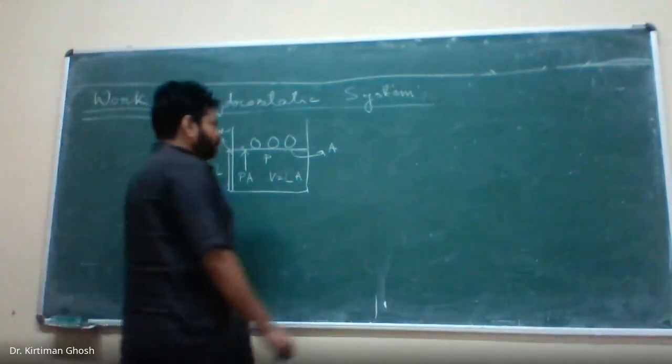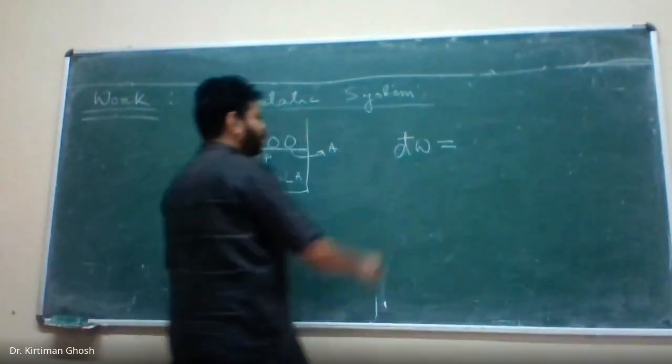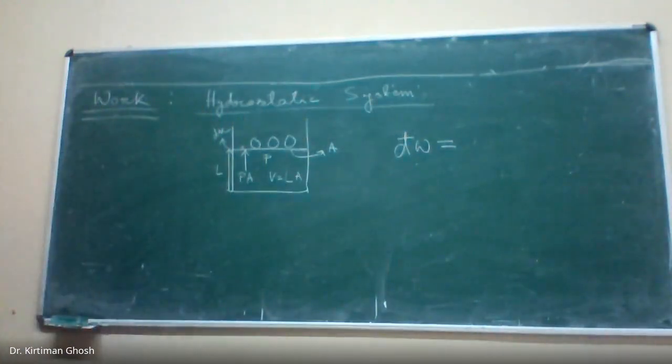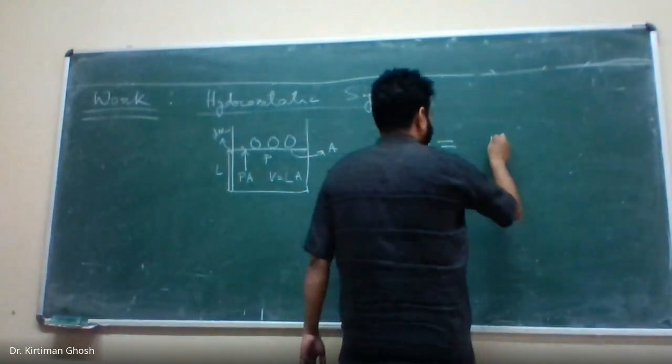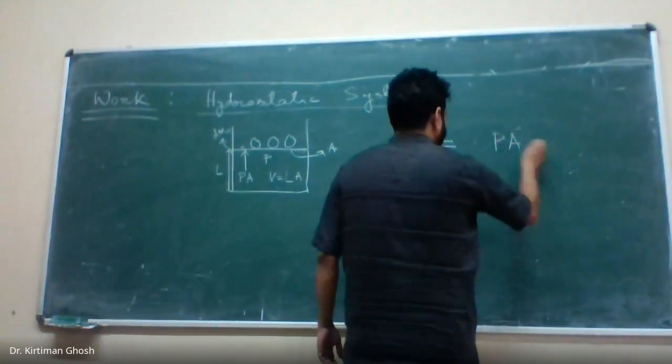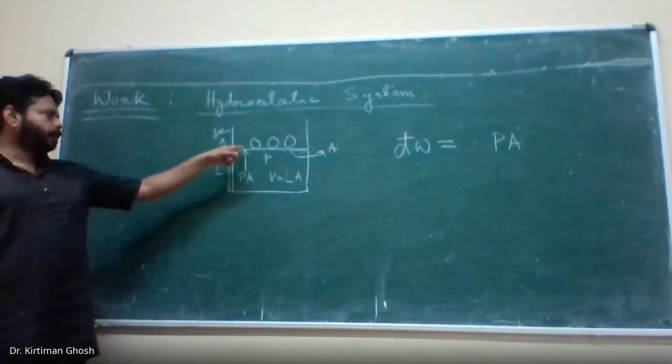So what is the work done? Infinitesimal work done, dW with a cross sign. I will come to the meaning of this cross sign later. So the infinitesimal work done can be written as, so this is the pressure acting on this system.